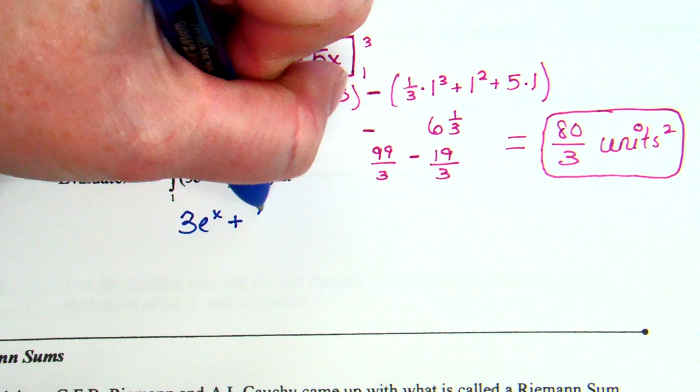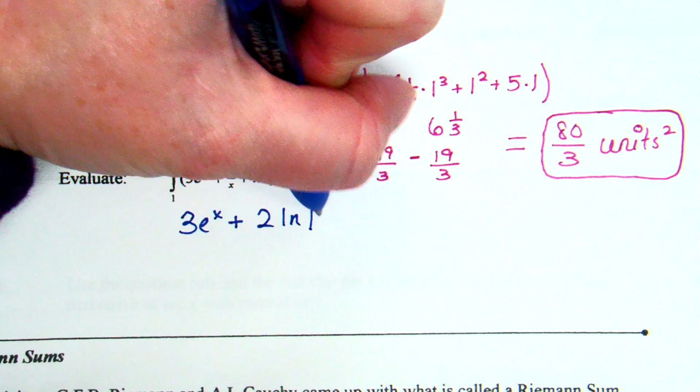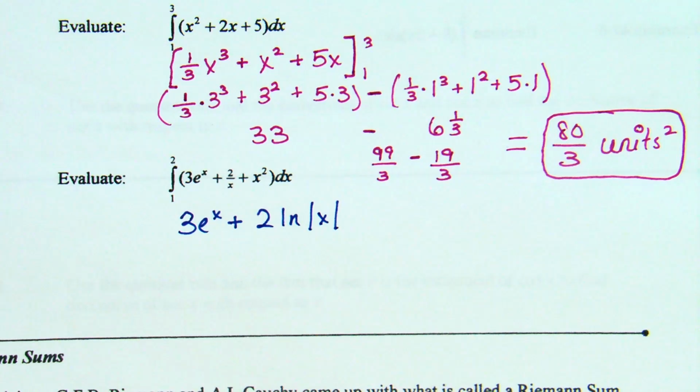Excuse me, 2 natural log of absolute value of x. Remember, the integral of 1 over x is natural log of x. Officially, it's absolute value because you can't put a negative number in there. In this case, we'll only be putting positive numbers in, so not a big deal, but plus integral of x squared.